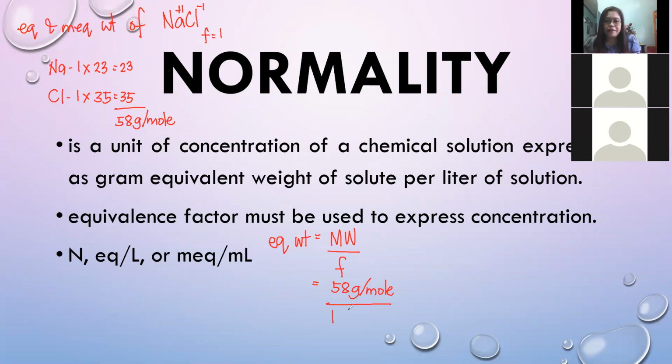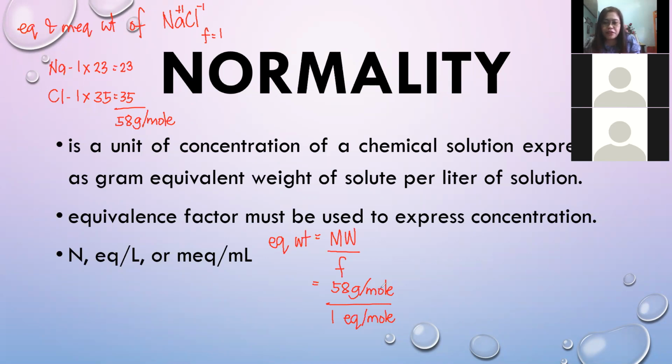Okay? It's 1. Now, class, the factor has a unit. The unit for this is equivalent per mole. When the factor is used for equivalent weight, the unit is equivalent per mole. Again, equivalent per mole.